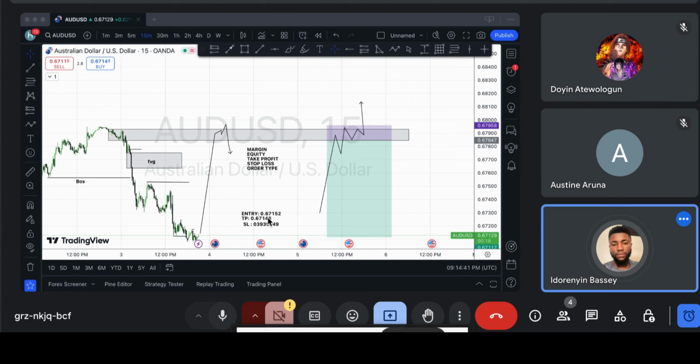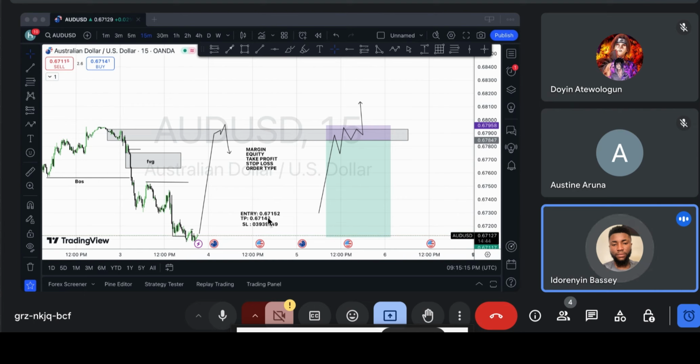The second one is that it is a crucial risk management tool that defines your maximum loss on a trade.